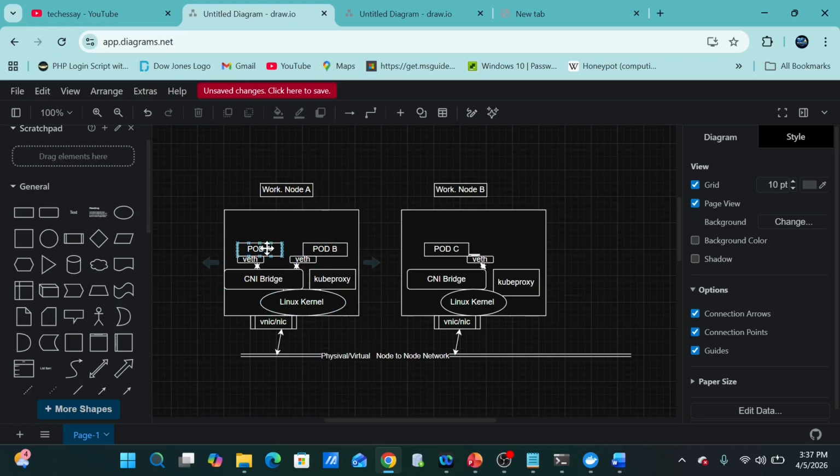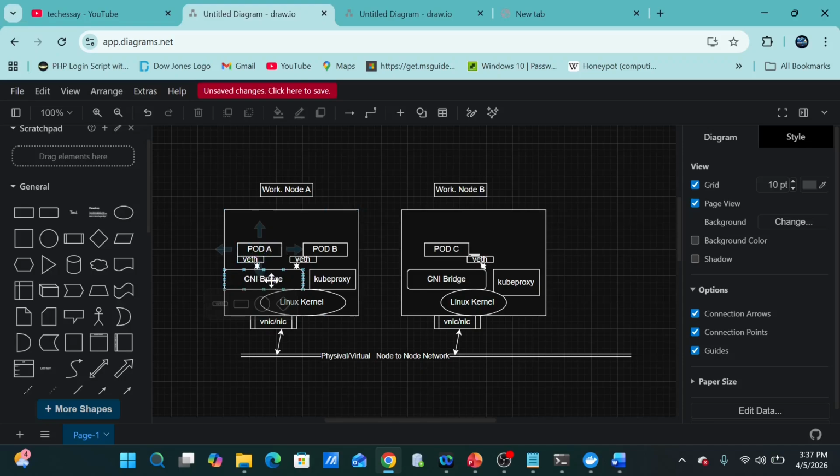So communication will happen in that manner, from pod A it comes here, then here, then here. Now if pod B wants to send the response, it can also send in that manner. Based on our CNI, we can implement access policy here.